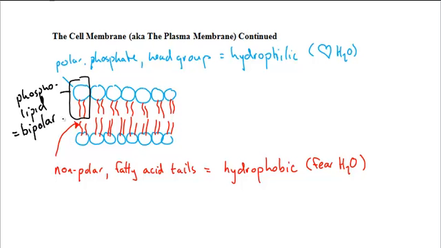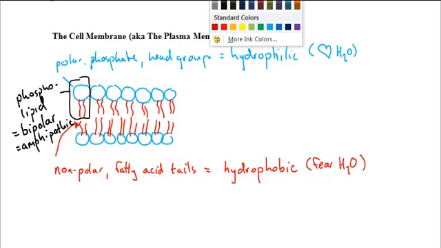Another word you might encounter next year, amphipathic, which also means bipolar. Okay? And this is considered the whole thing a lipid bilayer. So as I said, embedded in it and attached to it are proteins.